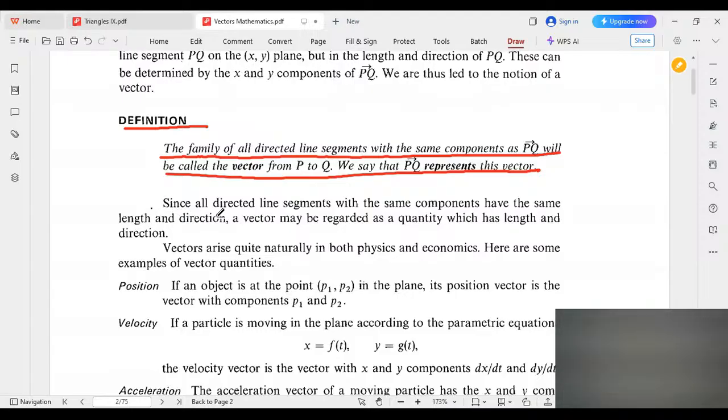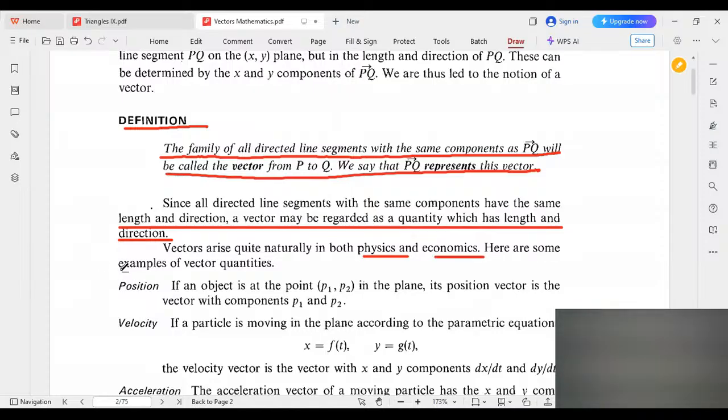Since all directed line segments with the same components have the same length, a vector may be regarded as a quantity which has length and direction. Vectors arise quite naturally in both physics and economics as well as in mathematics.